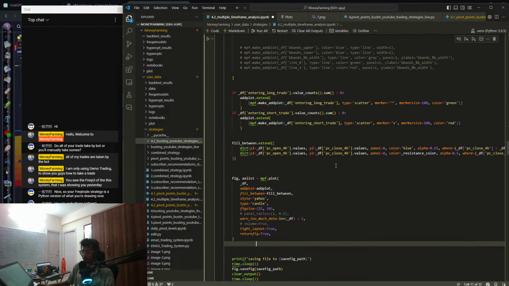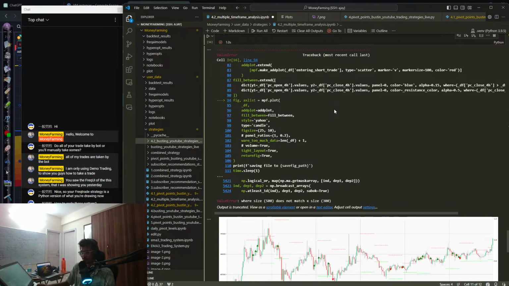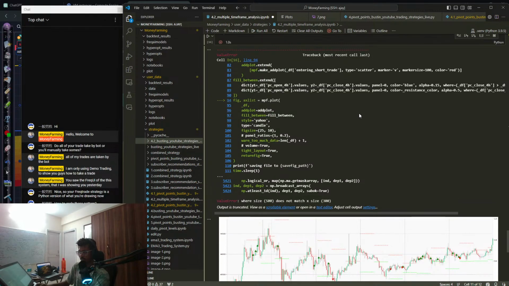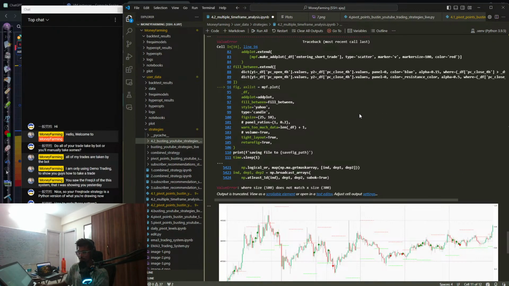Okay, so I'm gonna run this simulation. We're gonna see where size does not match. Why? What is the error here?